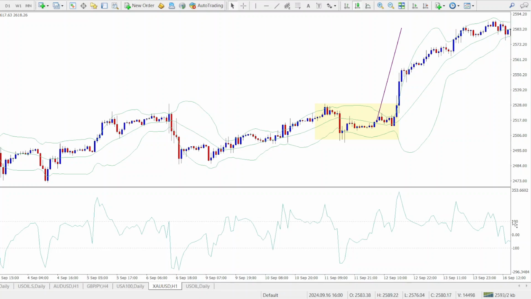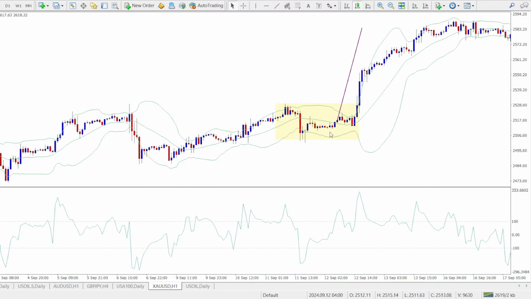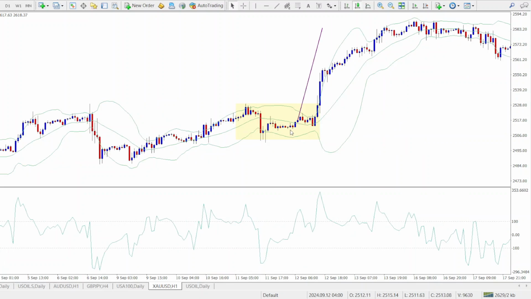Typically we are going to be using the default settings, so you don't need to modify them. You can just go ahead and use the default settings both for the Bollinger Bands and the commodity channel index.